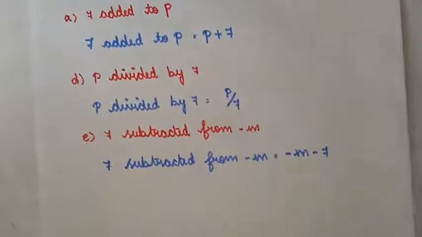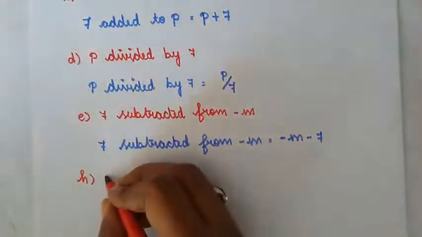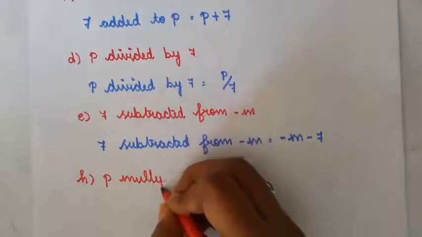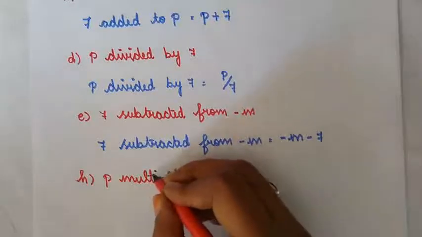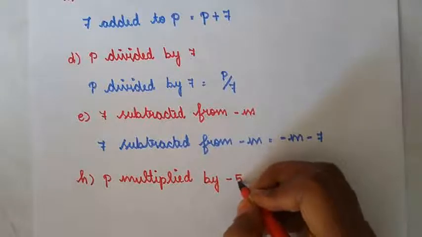Next we have to take the subdivision H. P multiplied by minus 5.